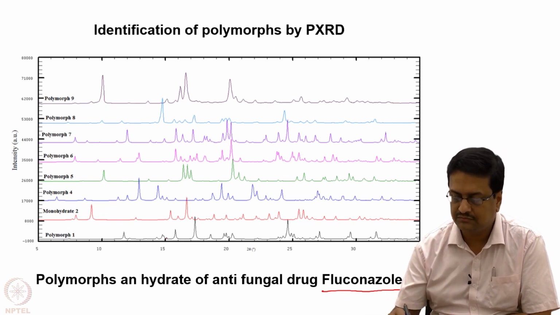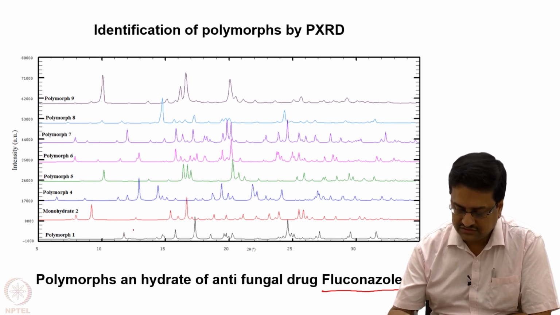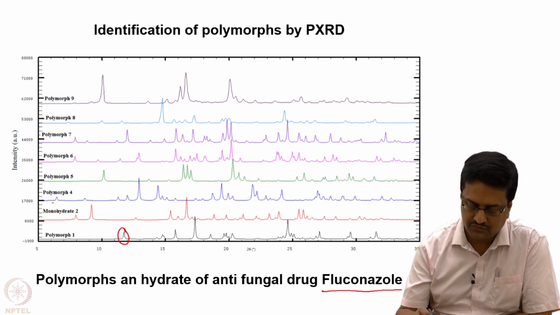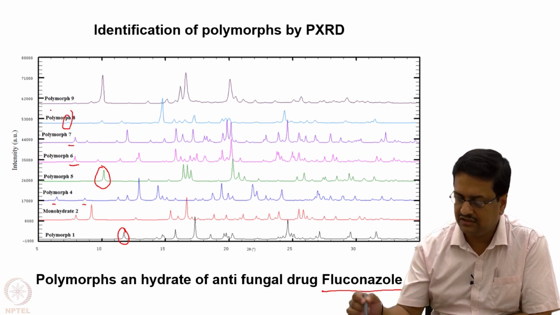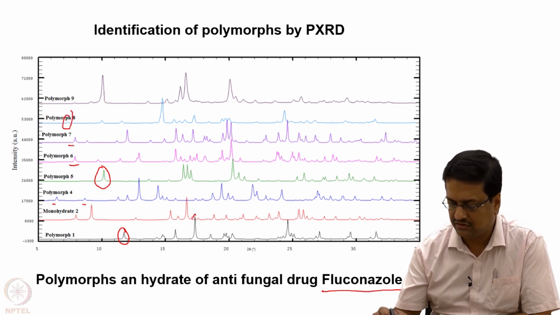If you look at their powder diffraction data, you can see the peak positions are all different. Polymorph 1 has the first peak somewhere here, but polymorph 4 has peaks there, polymorph 5 has a first peak here, polymorph 6 here, 7 here, and all that. And then the maxima are at all different places.